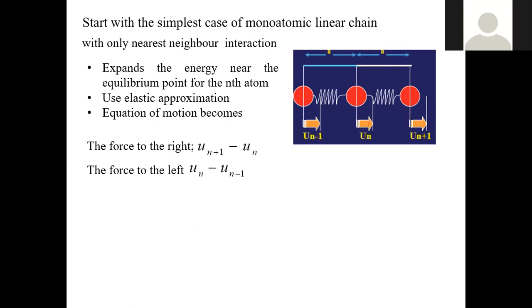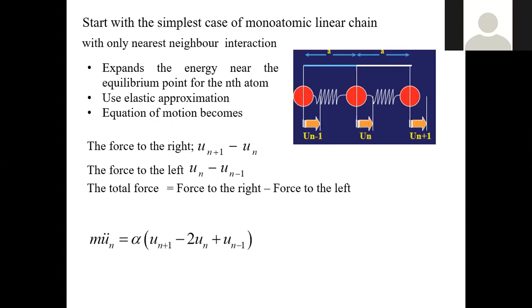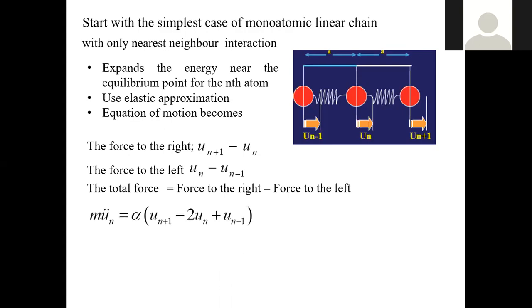The force will be proportional to this distortion. From the elastic properties we can write this. So the total force will be the force to the right minus the force to the left. If it is so, then the equation of motion will be: mass of the nth atom, m un double dot, where double dot is the second derivative of the displacement of the nth atom with respect to time t. So this is the force acting on the nth atom.